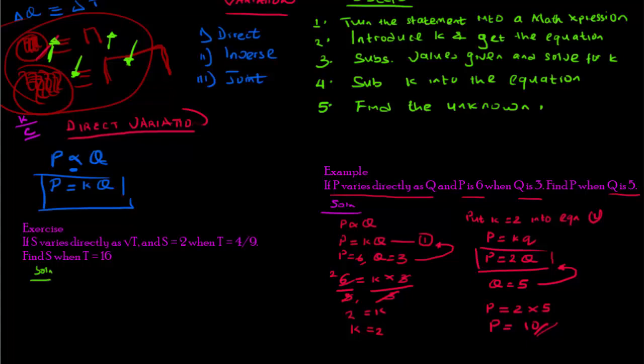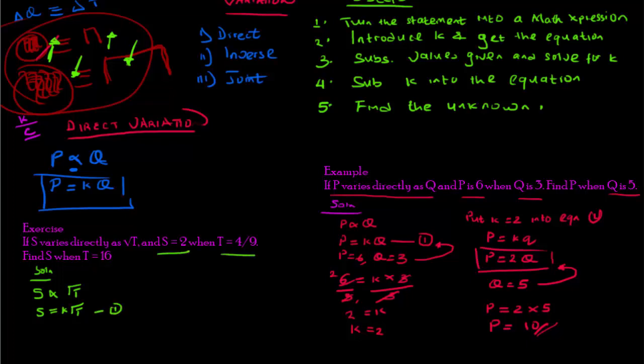If s varies directly as square root of t, so the first thing we do is turn the statement into a math expression. So s varies directly as square root of t. Next step, introduce k and get the equation. So s = k√t. Substitute the values given and solve for k, and s = 2, t = 4/9.